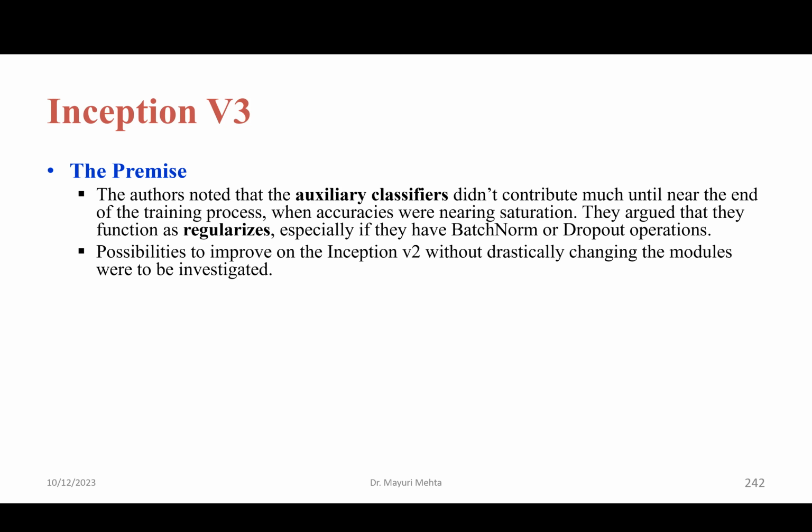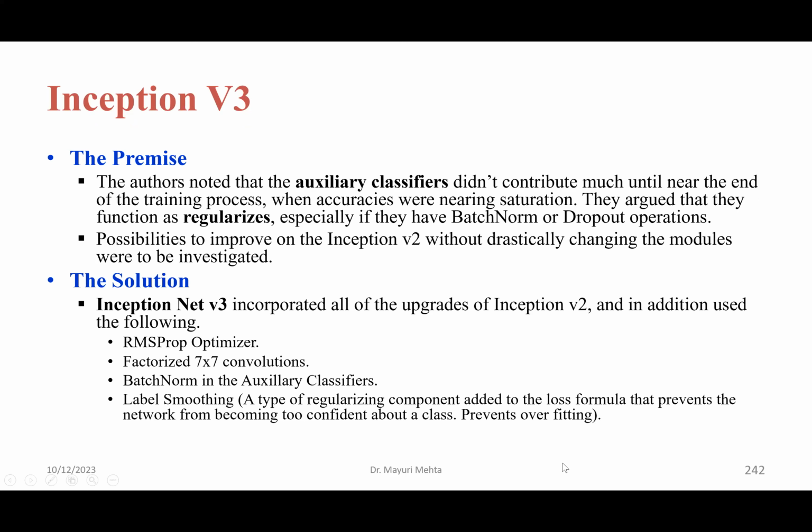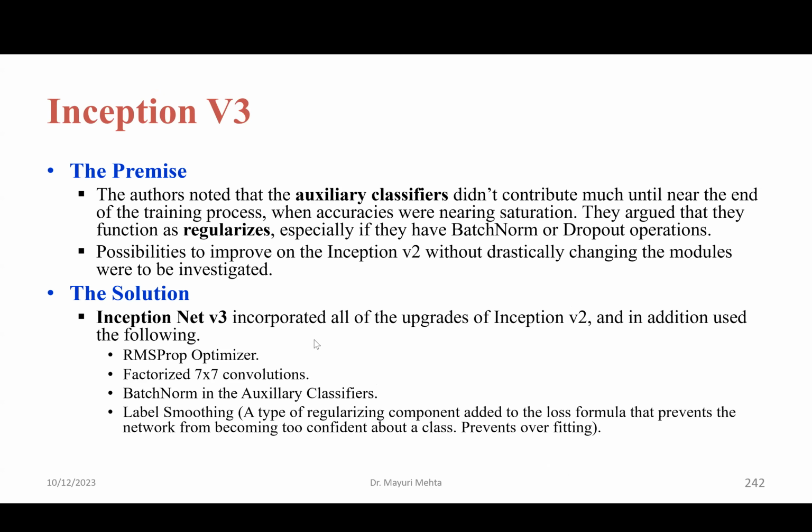Now, what changes did they make in Inception version V3? It incorporated all of the upgrades of Inception V2 in addition to these features. Here you can see the additional features. The RMSProp optimizer was added, remember the optimizers we discussed.